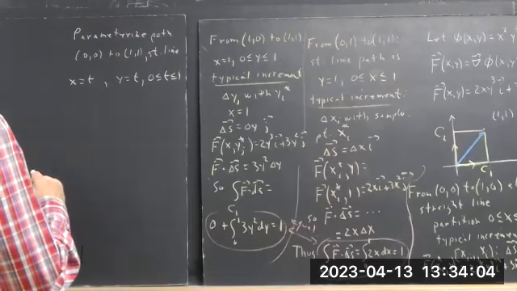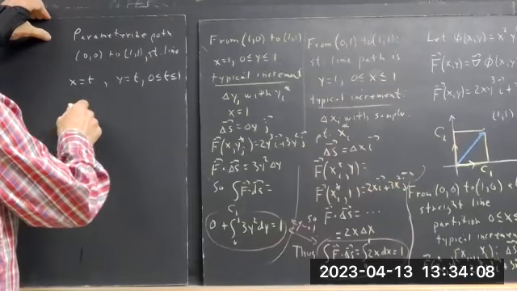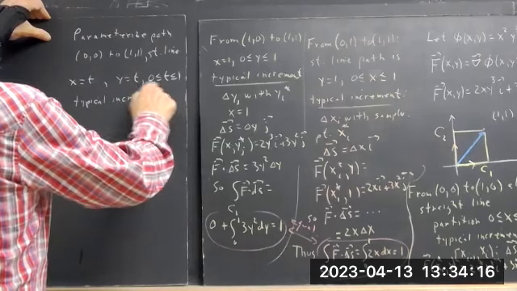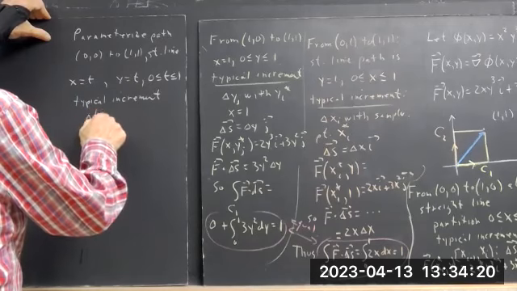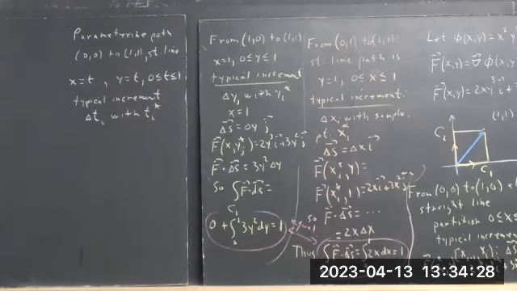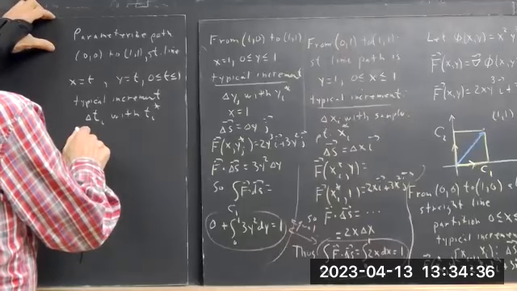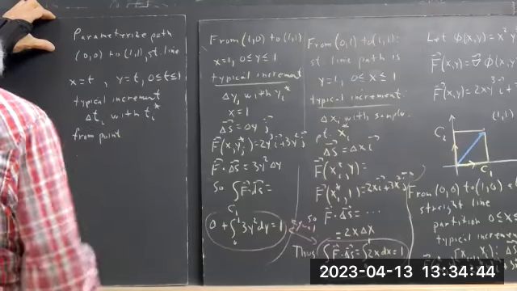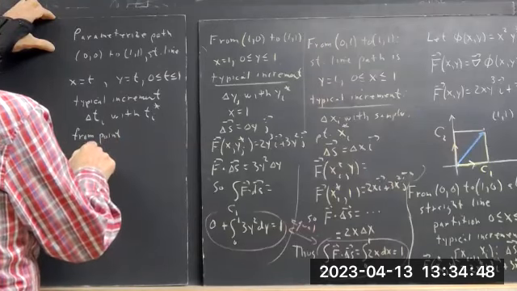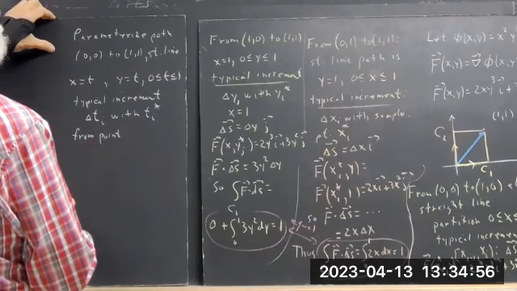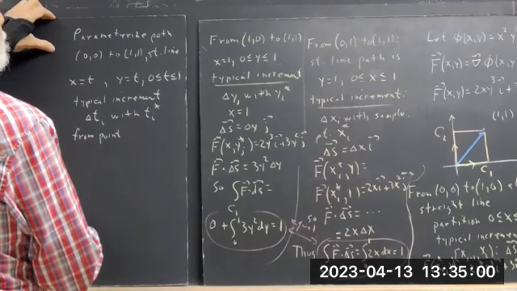Then a typical increment would be a delta t_i, with t_i star, the point. So, like this.